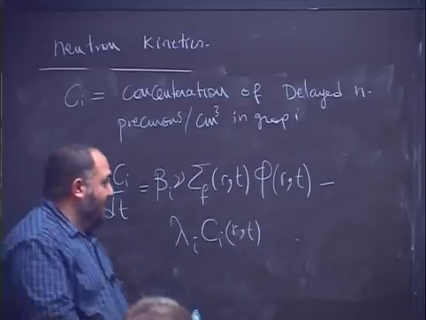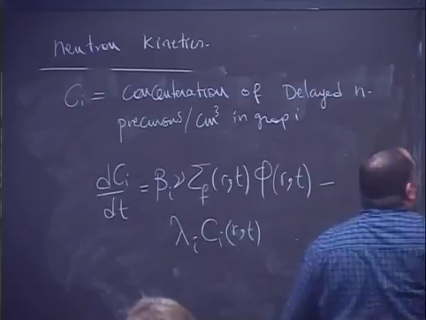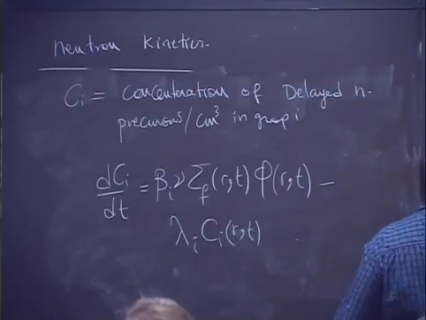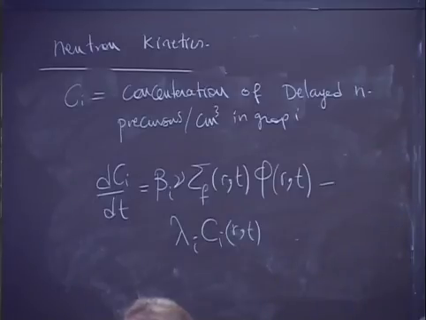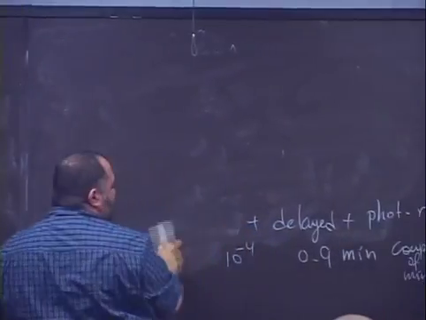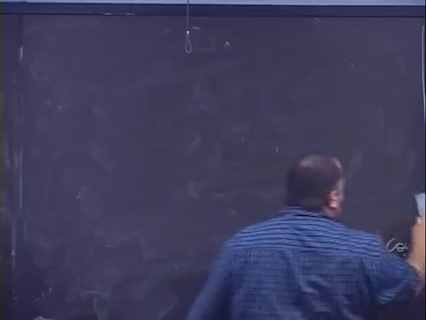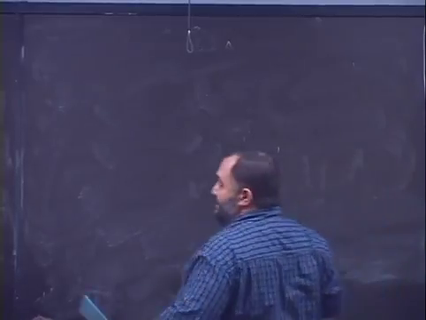Okay. So now, this is the equation. How many equations do we have? How many? 6 equations for group 1, group 2, group 3, up to group 6. So we have 6 equations. Yes, guys?